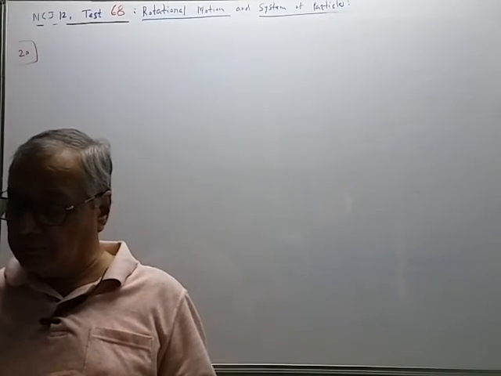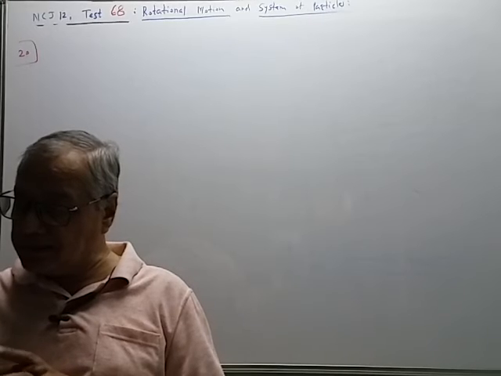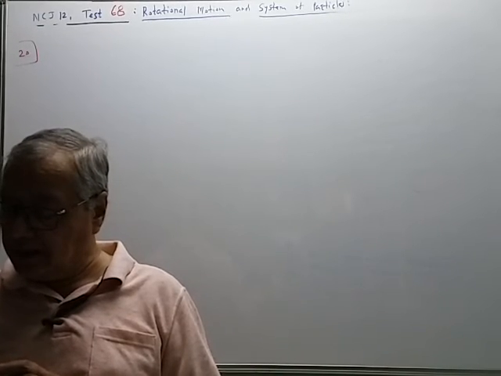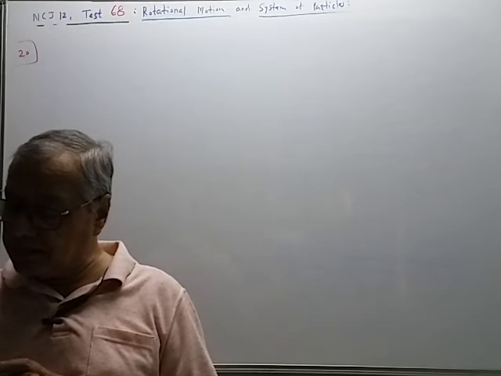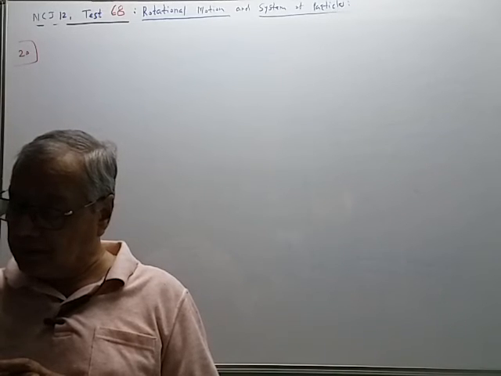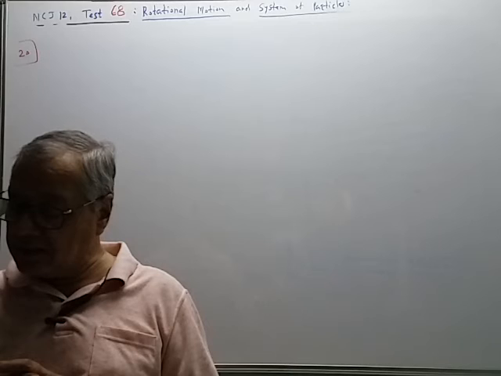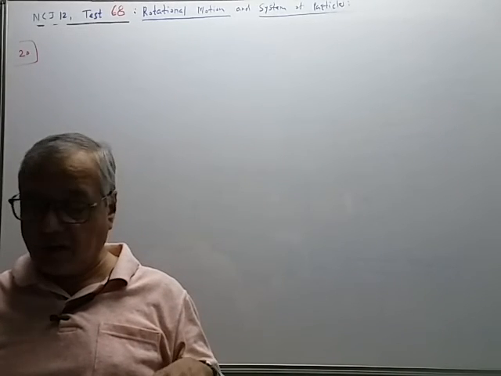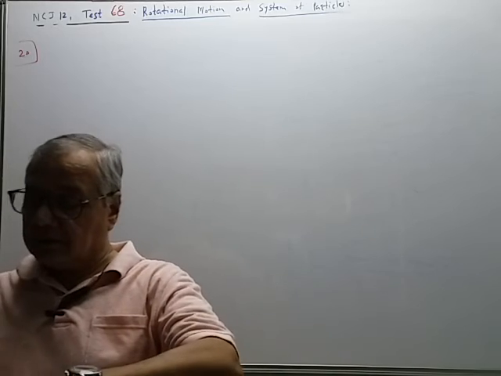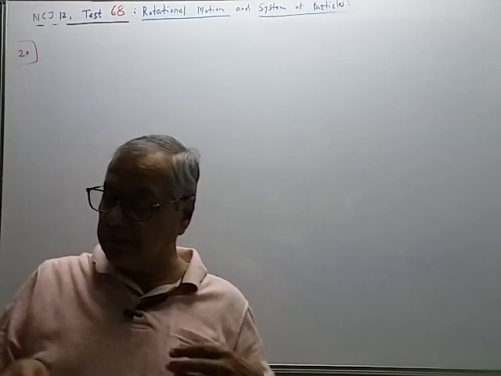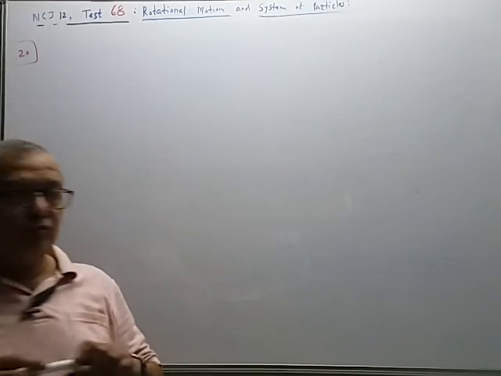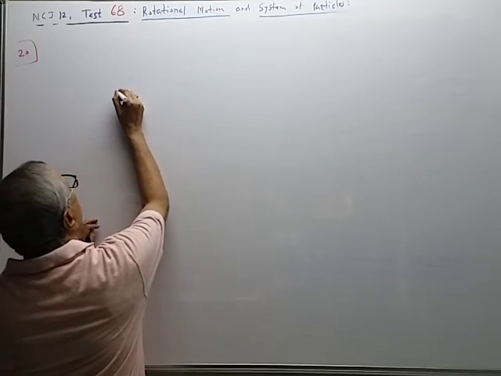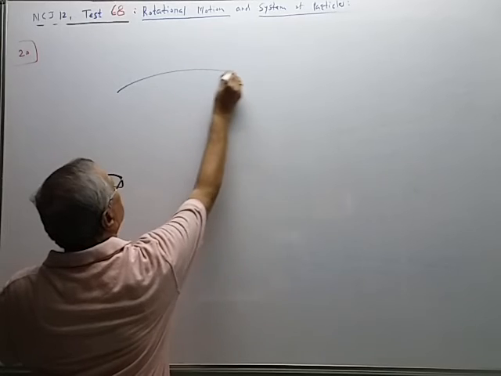Next, 20. The moment of inertia of the disc about an axis which is tangent and parallel to its plane is I. Then the moment of inertia of the disc about the tangent but perpendicular to its plane will be. So we need the relation between these two. We have a diagram where all the moment of inertia values are given.